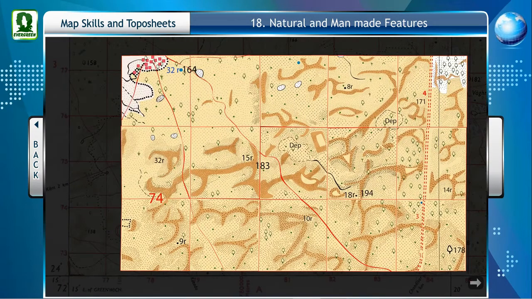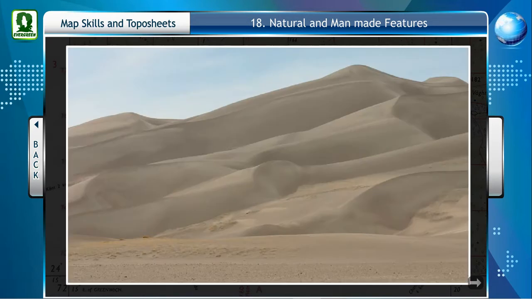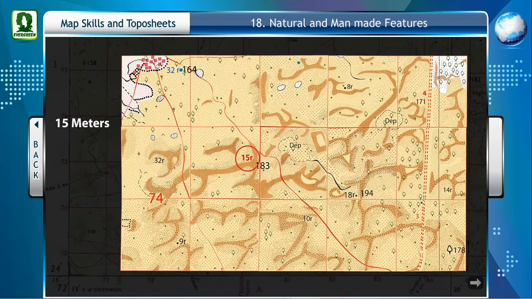These dunes are marked with relative height such as 15 R, 18 R, 32 R, etc., which indicates that sand dunes have relative height of 15 meters, 18 meters, and 32 meters respectively.